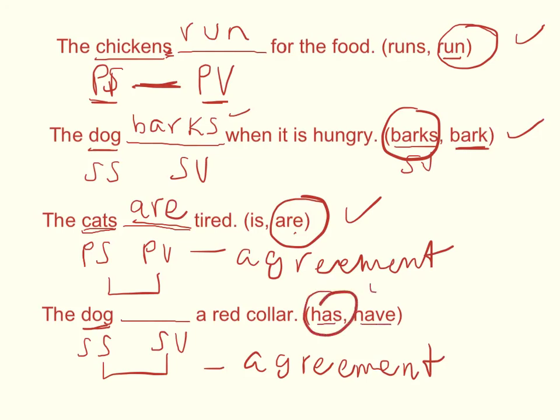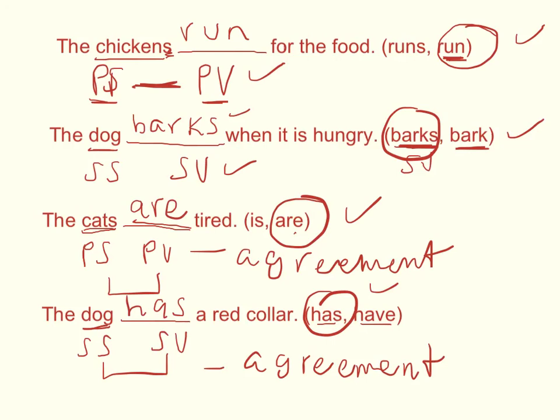If you said has, you are correct, and if we plug that in and read our sentence, it should sound right. The dog has a red collar. Again, if you go back and look at all of these, plural subjects take plural verbs, singular subjects take singular verbs. And remember that plural verbs do not end in S, singular verbs do end in S. Just the opposite of what we usually do with subjects or nouns.